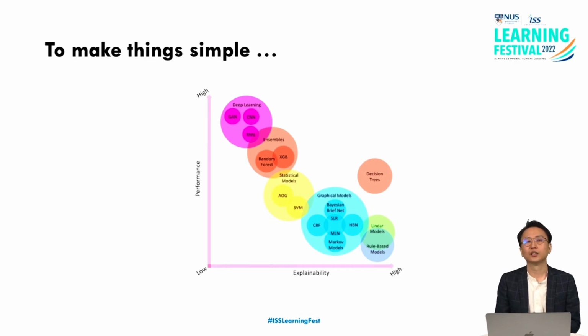From this chart, we can see that the easiest way to achieve functional explainable AI in healthcare is to use algorithms that are inherently explainable.